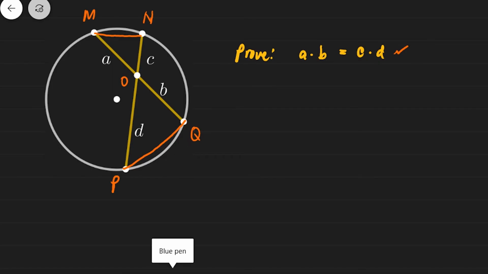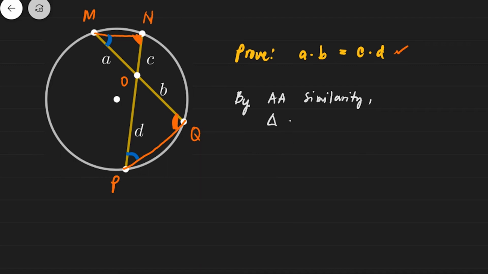And to do that, if you'll notice, this angle over here is the same as this one because they are both inscribed angles intercepting arc NQ. So they are equal. On the other hand, this angle over here and this angle over here are also the same because again they are inscribed angles intercepting arc MP. So by AA similarity, triangle MON is similar to triangle POQ.